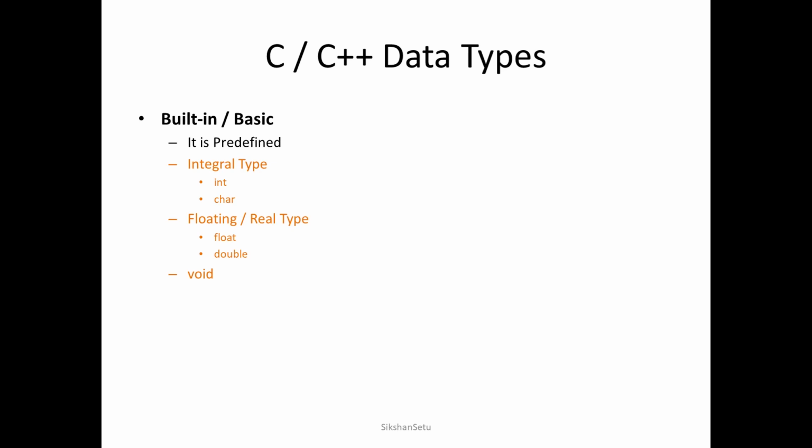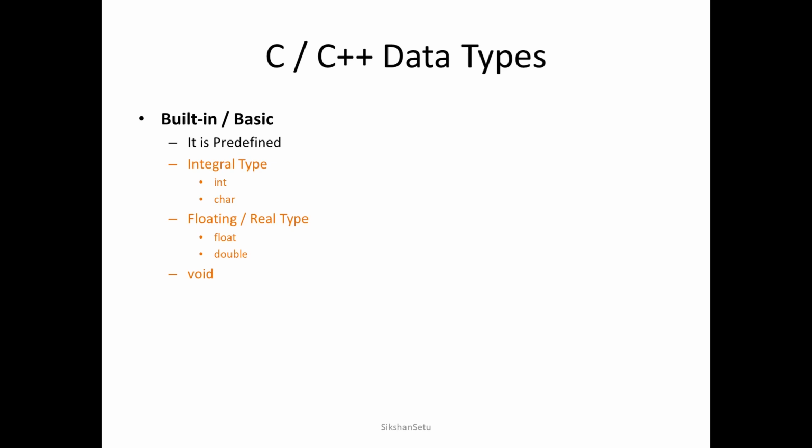Now what do we mean by integral type? int stands for integer, and int is capable of handling all complete numbers, whereas char is specifically for storing a single character like single quote a, z or p or q. This type of character can be stored in char.